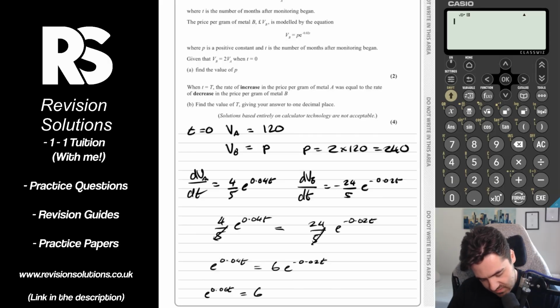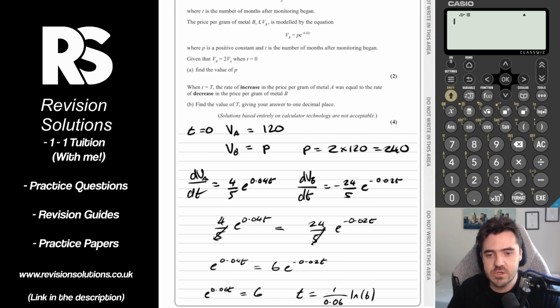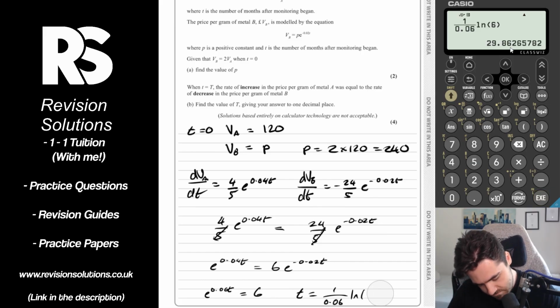So that's going to make t equal 1 over 0.06 times the natural log of 6, which if we type that in the calculator gives us 29.86, or to 1 decimal place, 29.9.